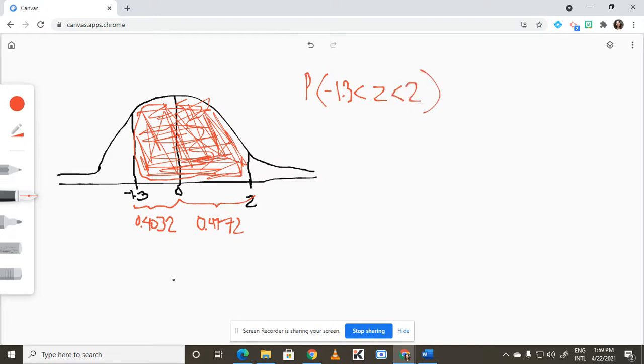That is how you read it: start with the smaller number. And then add the two values: 0.4032 plus 0.4772. The answer is 0.8804.